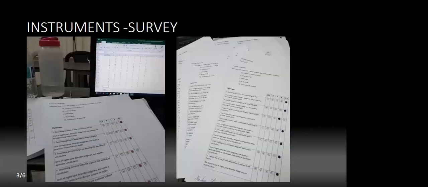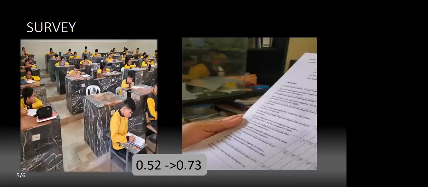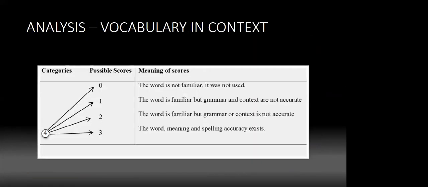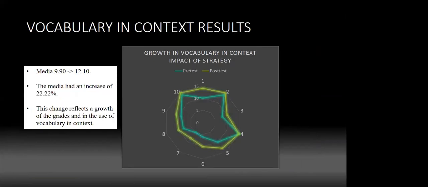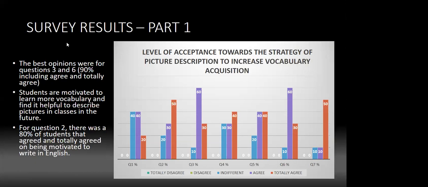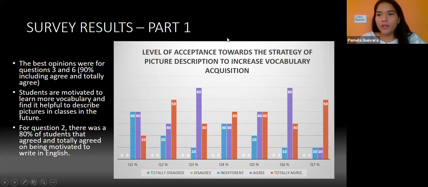Okay, there is another question. What are the implications of your study in your area? In my area, as an English teacher, I had to learn first how to plan using backward design.